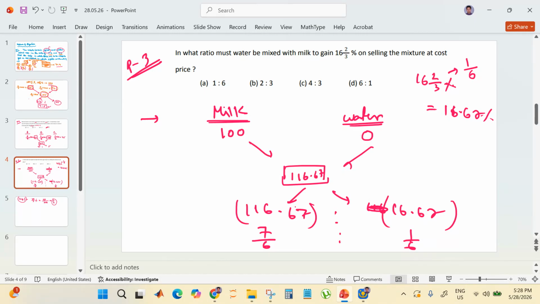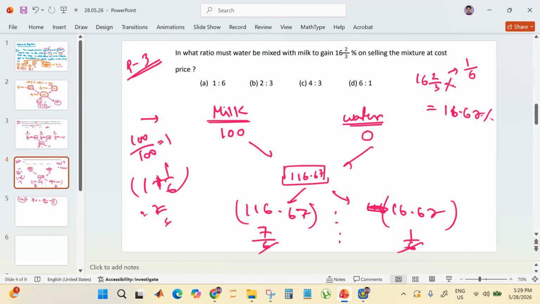And 100 plus 16.67 means 1 plus 1 by 6, because 100% means 100 by 100, so it is 1. And 16.67% is 1 by 6, so just add it, it is 7 by 6. So if I cancel, it is 7 is to 1.